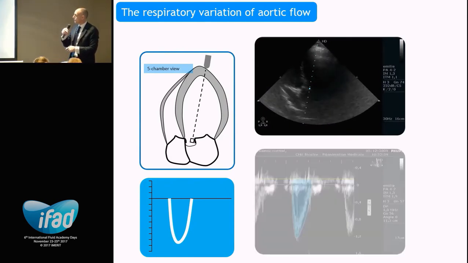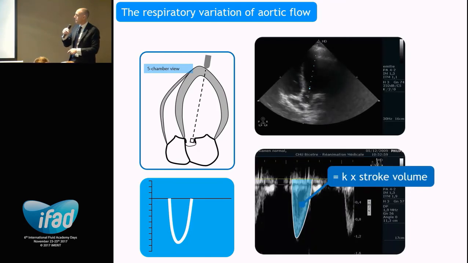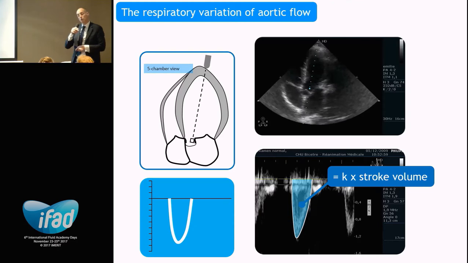We will record the velocity of the blood just here, just before the aortic valve in the 5-chamber view. And we will record a negative signal, and the velocity time integral of this Doppler signal, the VTI, is proportional to stroke volume.